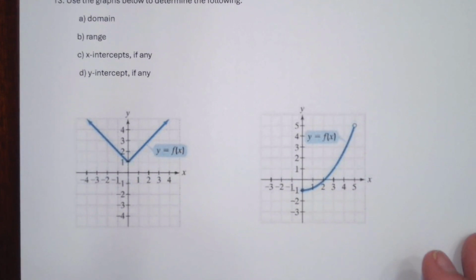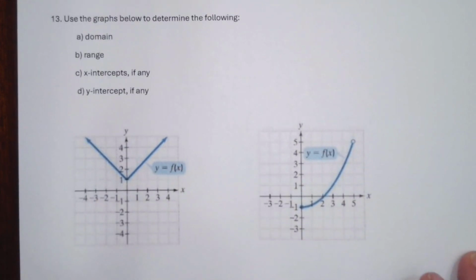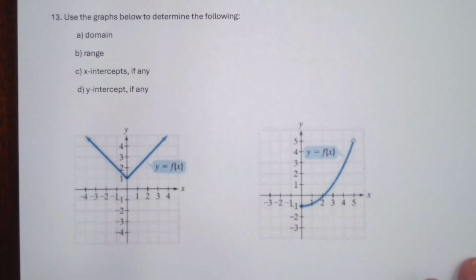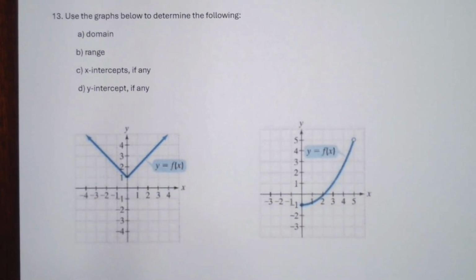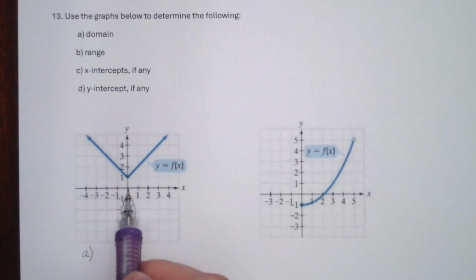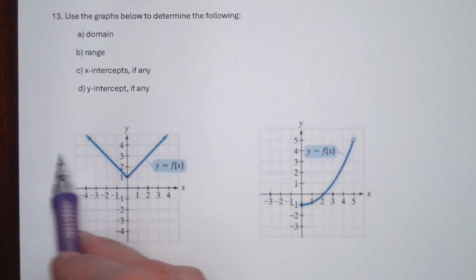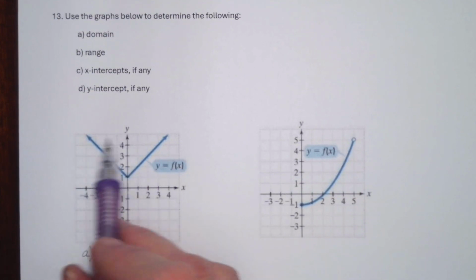Okay, sorry about that. The last thing it wants us to find is the domain, the range, and to write the x-intercepts and the y-intercepts. So for this one, the domain, so my x values, all right? For my x values, it looks like I can use everything. I've got arrows on both sides.